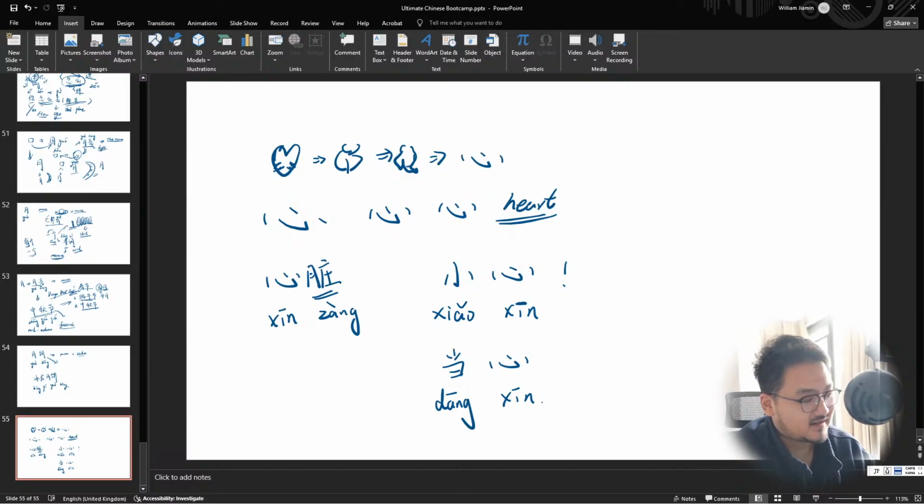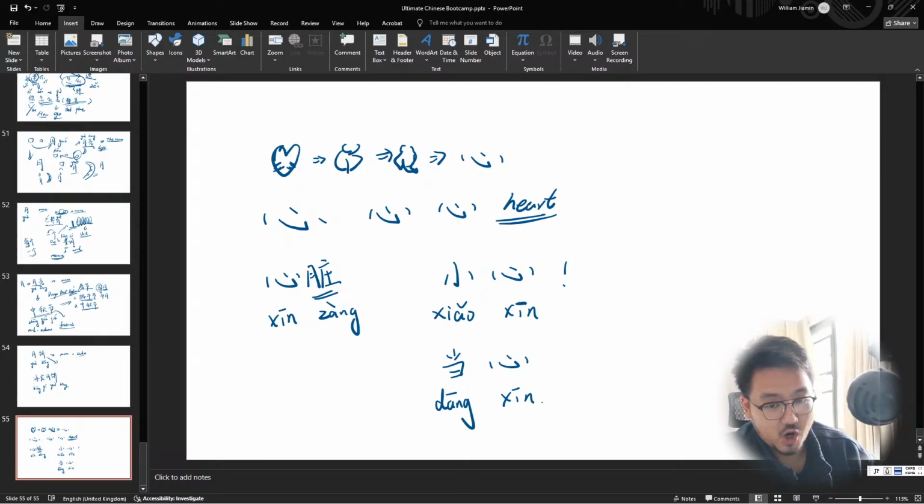So we use a lot of 心 with inferred meaning rather than the direct meaning of 心脏, the heart.